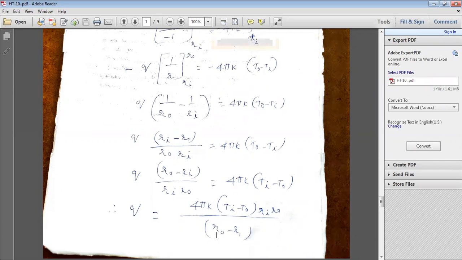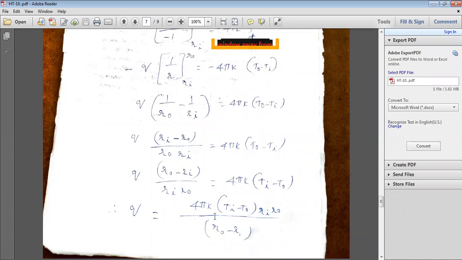This is the thermal resistance: Ro minus Ri divided by 4 pi K into Ri into Ro. That's the thermal resistance in the case of a sphere.